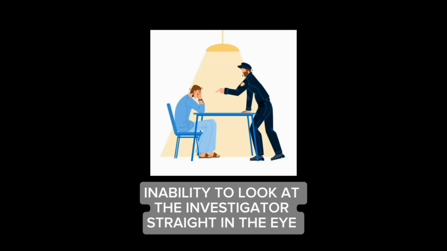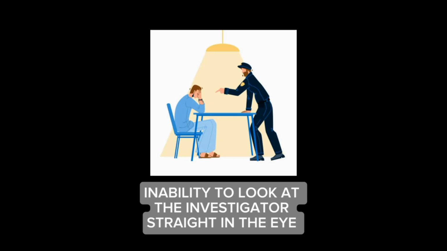Next is inability to look at the investigator straight in the eye. So, this one is the gaze aversion, which is yung subject tapos yung investigator is nag-uusap. Pagka sa irrelevant question, yung subject is nakakatingin pa sa investigator ng diretso.